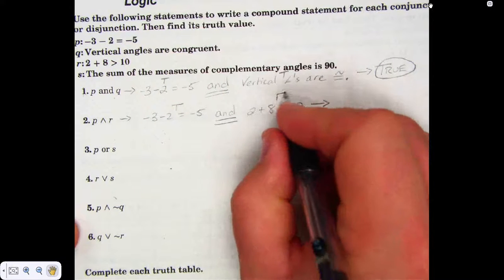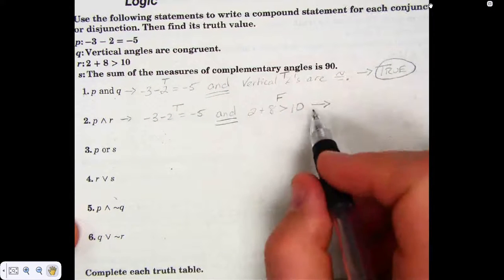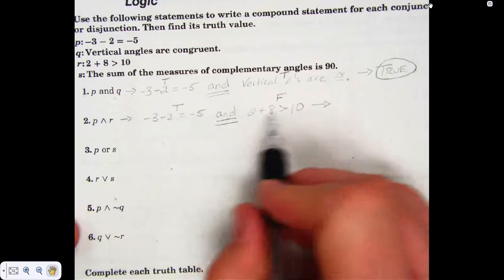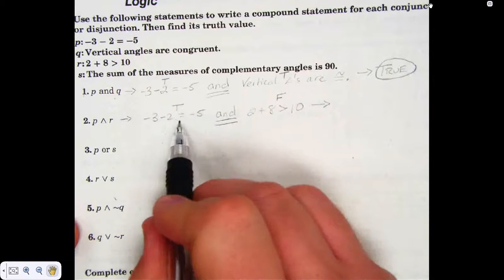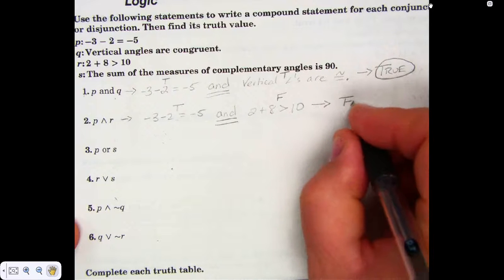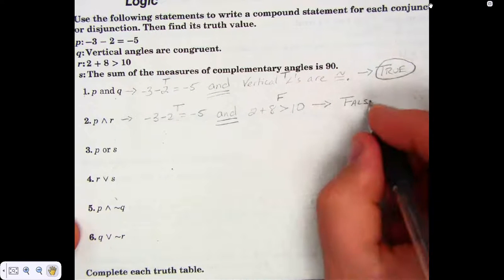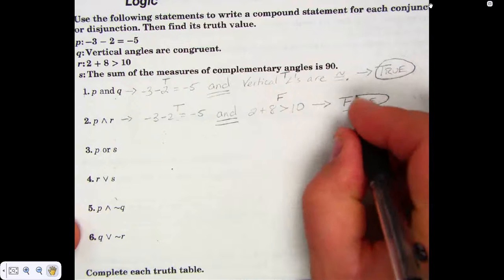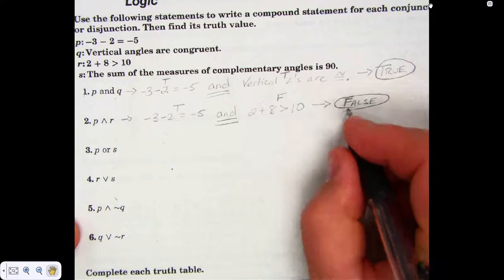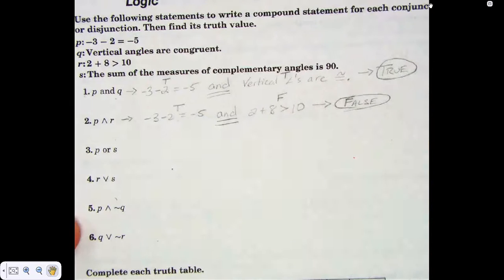So this part is false. Now, it's and. So what does that mean? For the statement to be true, what? So the answer is false.